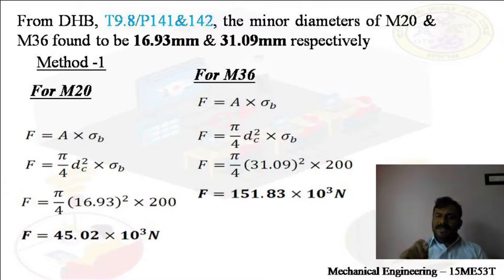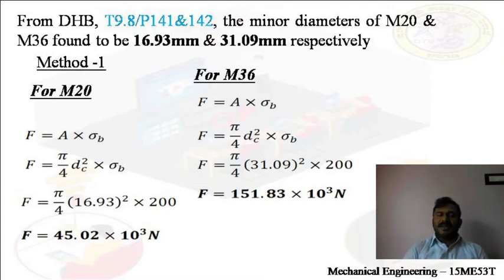M20 means major diameter. We have to select the minor diameter or core diameter from the design data handbook. For M20, the standard core diameter is 16.93 mm, and for M36, the standard diameter is 31.01 mm.